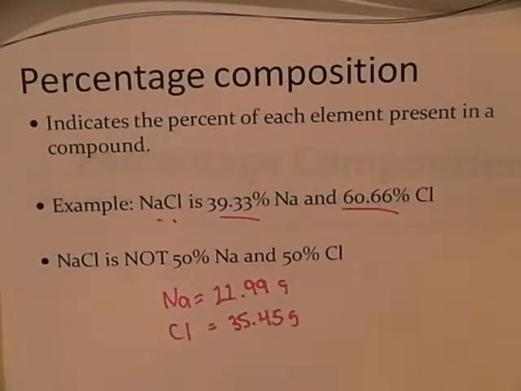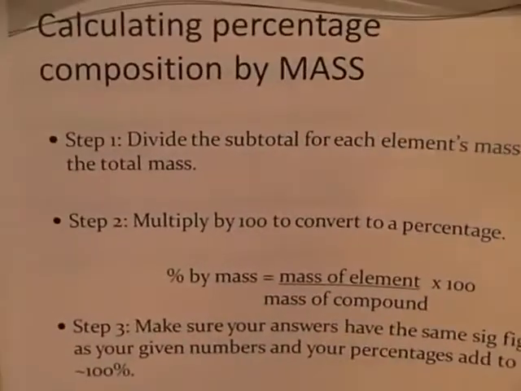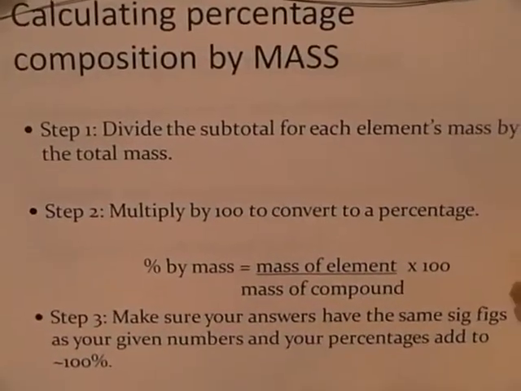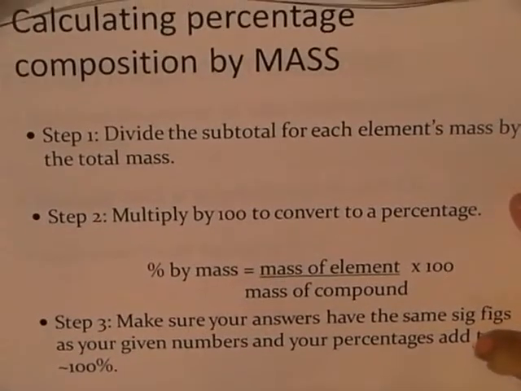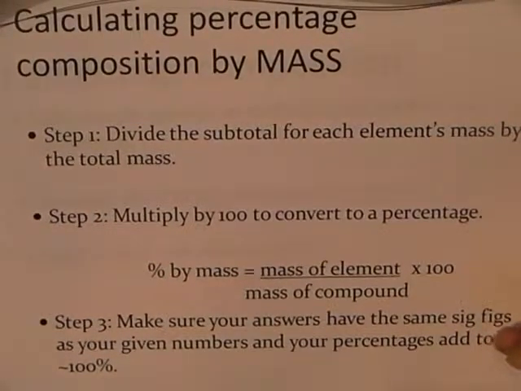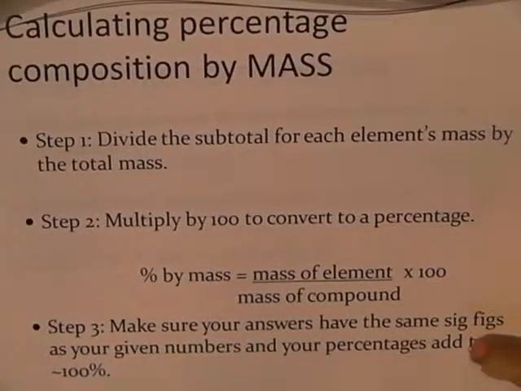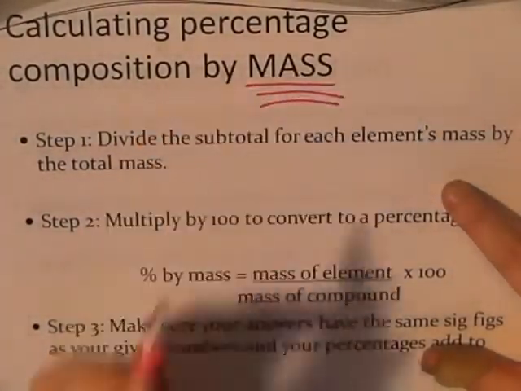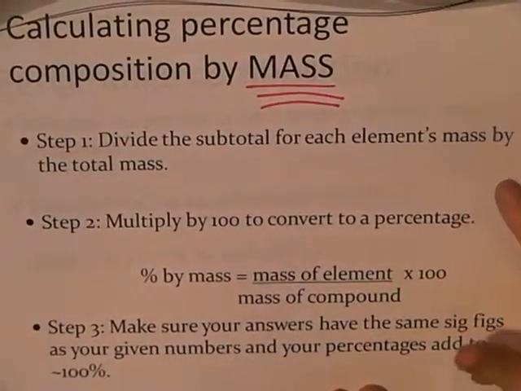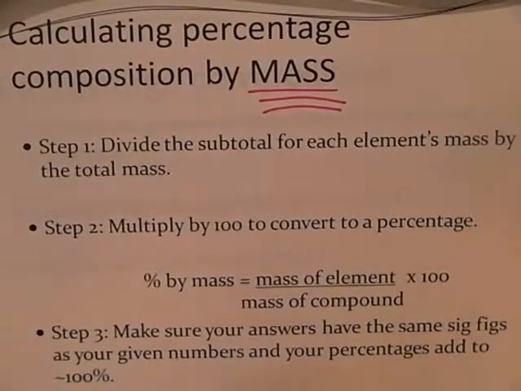They're both very easy. Okay, so this one, I'm going to put these instructions up. Calculating percent composition by mass. Mass being the key term here. So I'm going to give you a chance to copy this. We'll go through these steps using an example. So pause now.